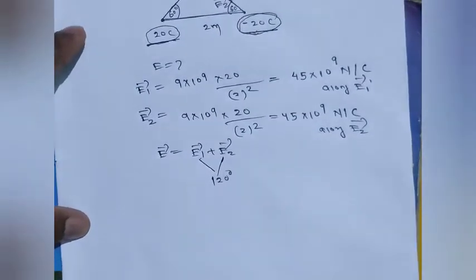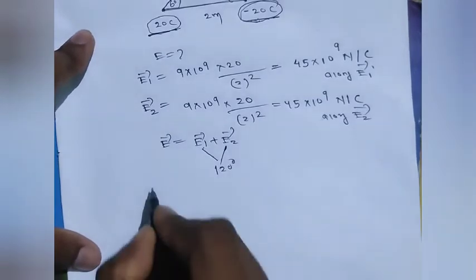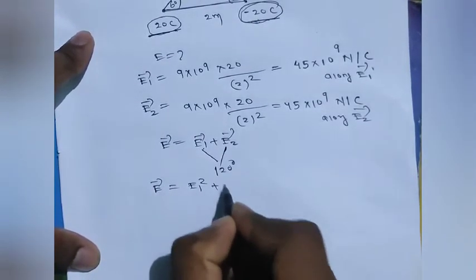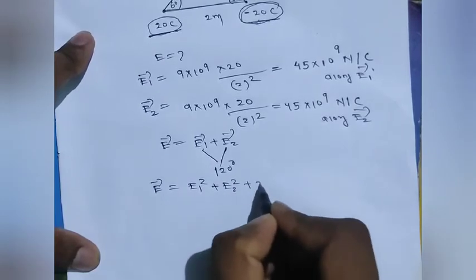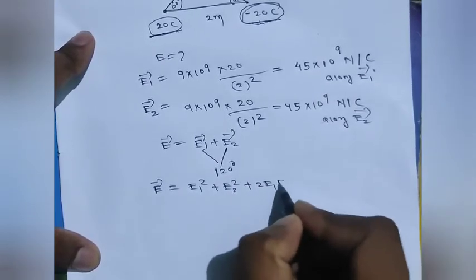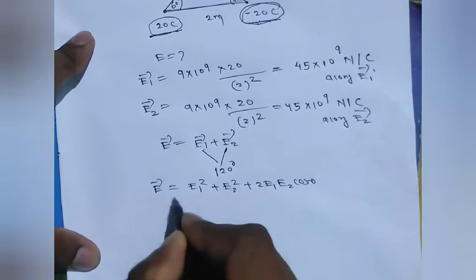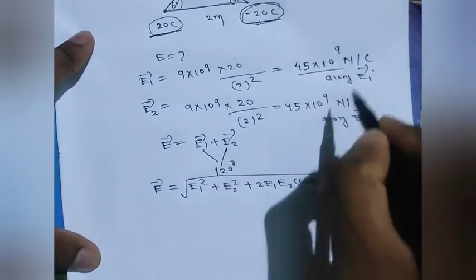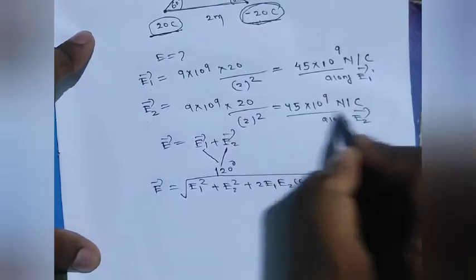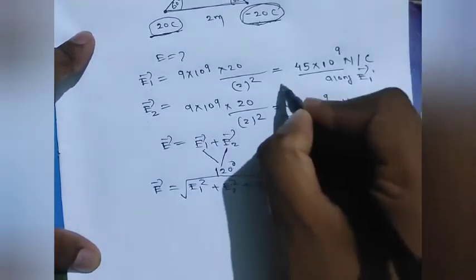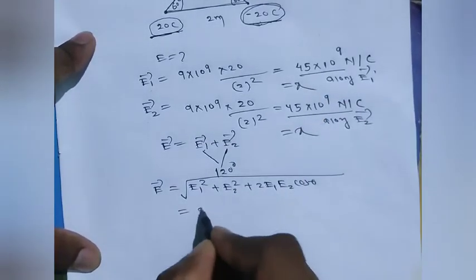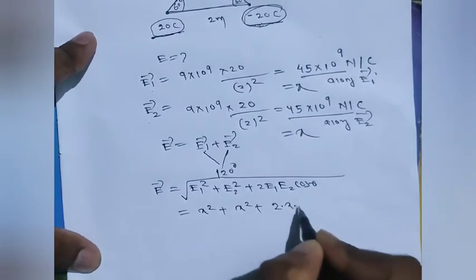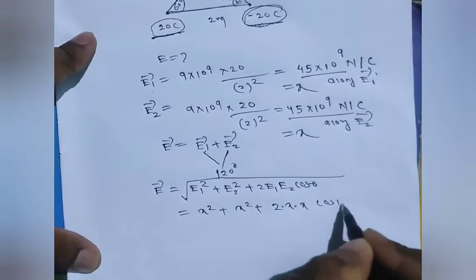120 degree. So for 120 degree the resultant electric field will be, the formula is E1 square plus E2 square plus 2 E1 E2 cos theta. See, E1 and E2 have the same magnitude. We can take both as x. So E1 square means x square, E2 square means x square, and this is 2x into x cos 120 degree.